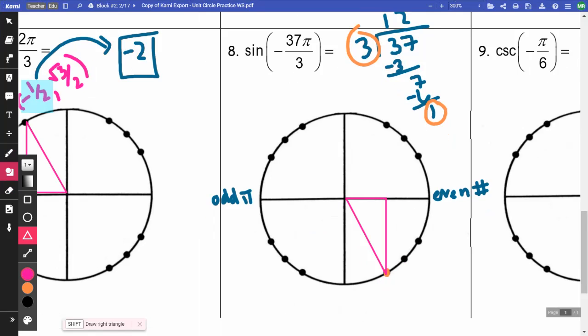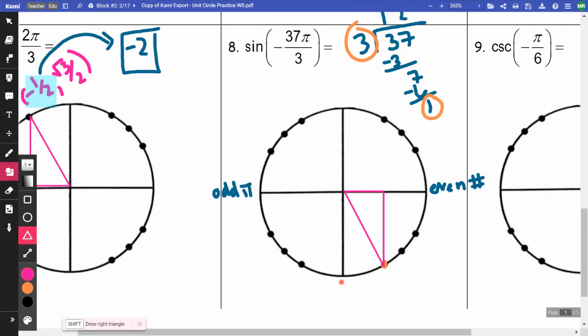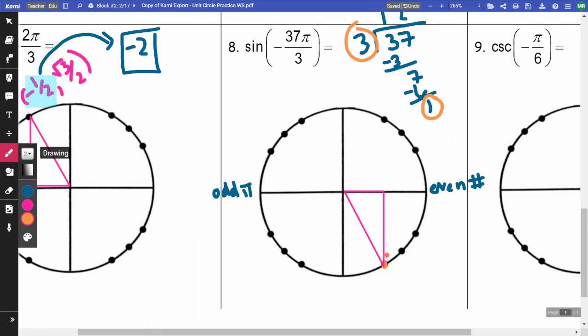So when I need to figure out the coordinates, remember for your thirds and sixths, this is short, 1/2, this is long, √3/2. I'm still in triangle mode. I love being in triangle mode. It was short, so 1/2, and then long, but it's negative because we're going down.